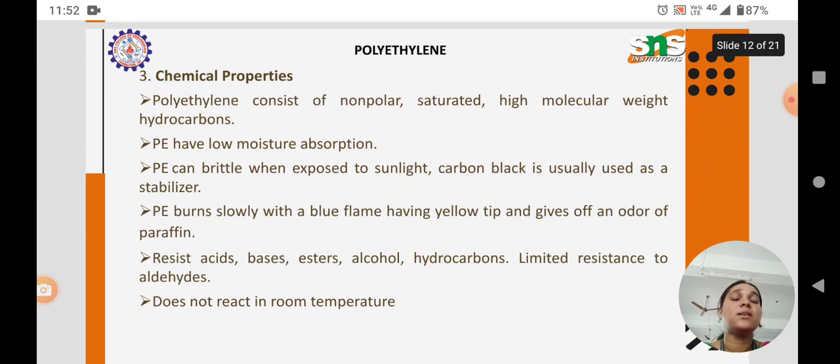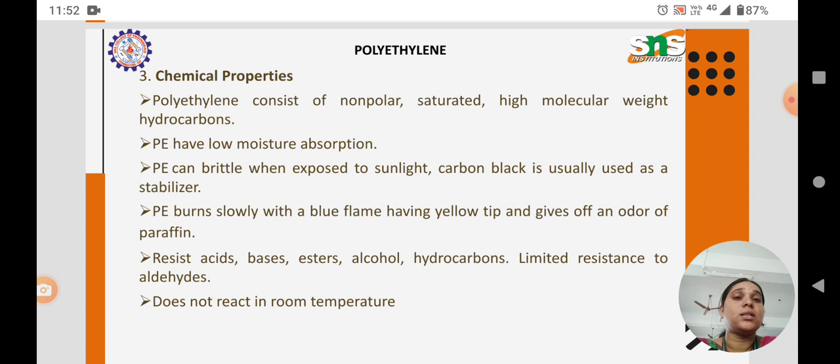Chemical properties: it has many chemical properties. It consists of nonpolar, saturated, high molecular weight hydrocarbons, with low moisture absorption. It can become brittle when exposed to sunlight, but carbon black is used as a stabilizer. When a stabilizer is used, it can withstand sunlight for a little time.